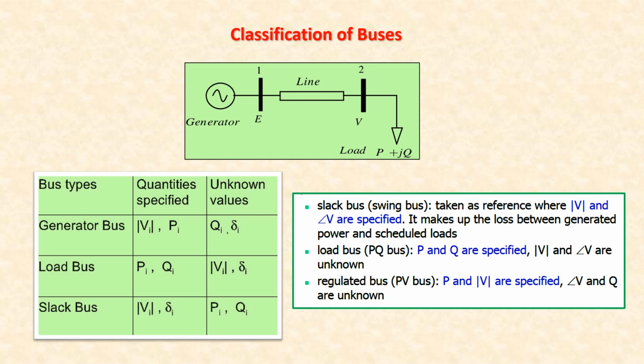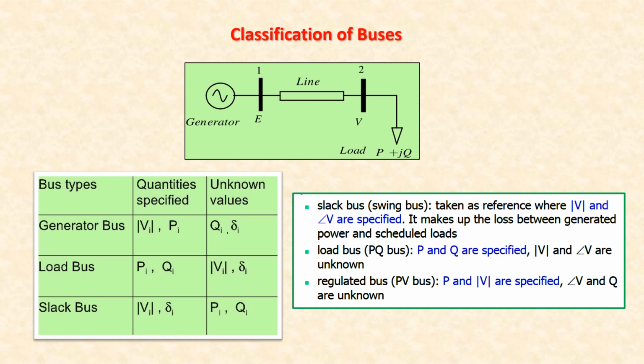As you can see in the line diagram, node 1 where the generator is connected will be termed the generator bus or the PV bus. Also in the line diagram, at node 2 the load is connected, and such a bus is designated as the load bus, also known as PQ bus, because at this node the parameters of the load, that is P and Q, are specified, and the voltage magnitude at this bus and its angle are not known, that is, they need to be determined.